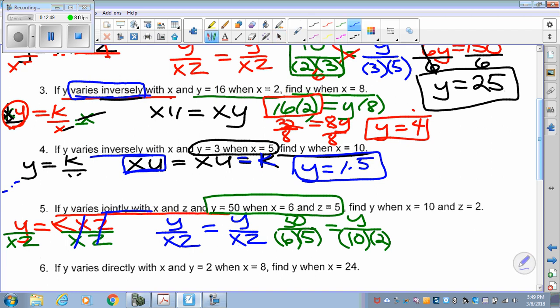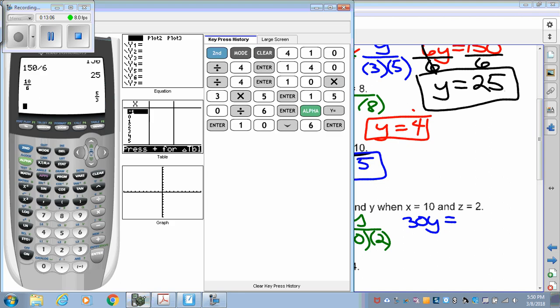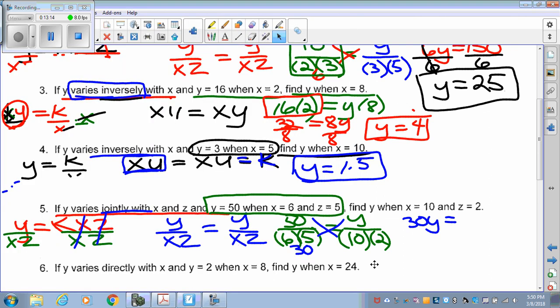Okay. So then I'm just going to cross multiply. And so 6 times 5 is 30. So I have 30y equals, and then I've got 50 times 10 times 2. So 50 times 10 times 2 is 1,000.